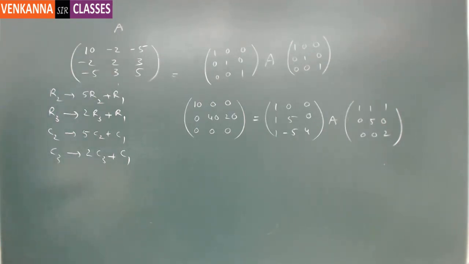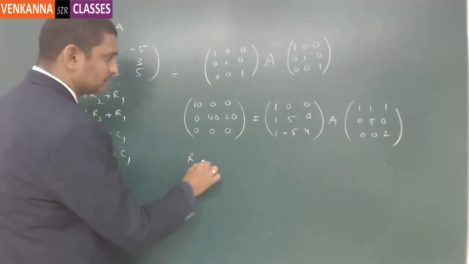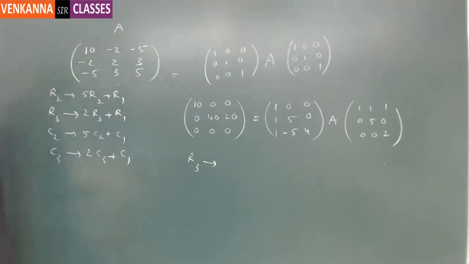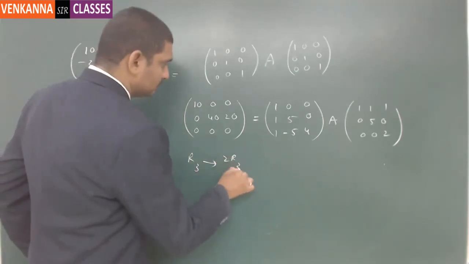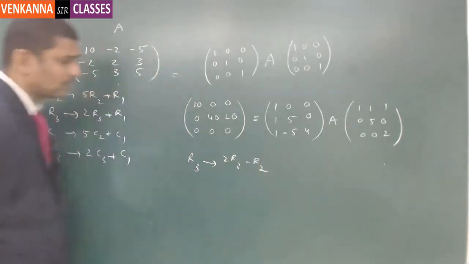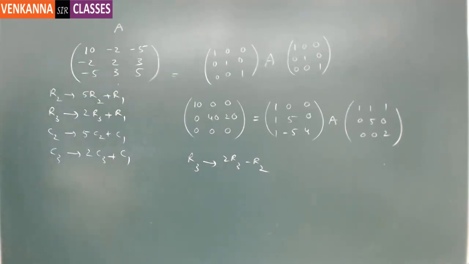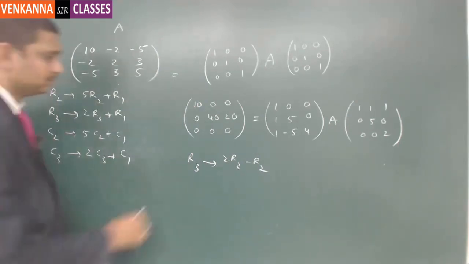So again, I will apply the operations as R3 tends to 2 R3 minus R2, and C3 tends to 2 C3 minus C2.